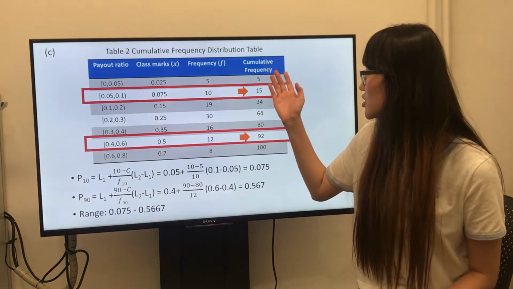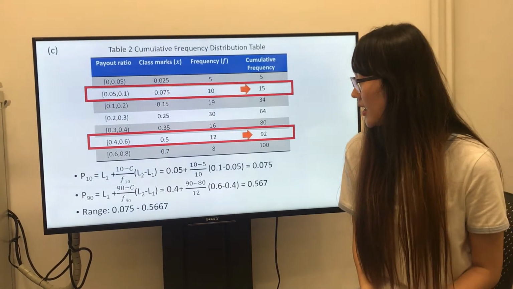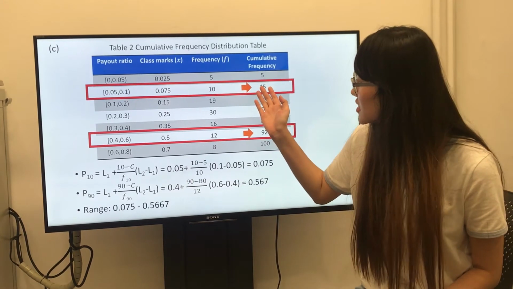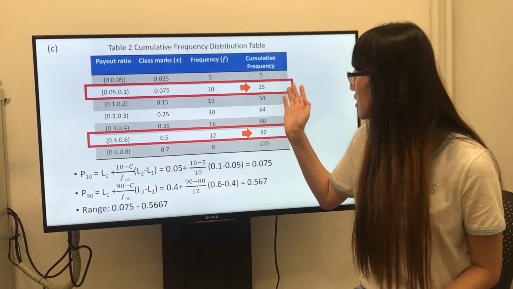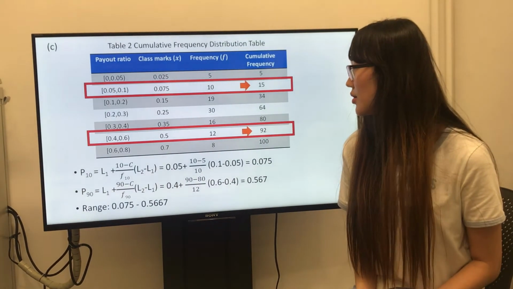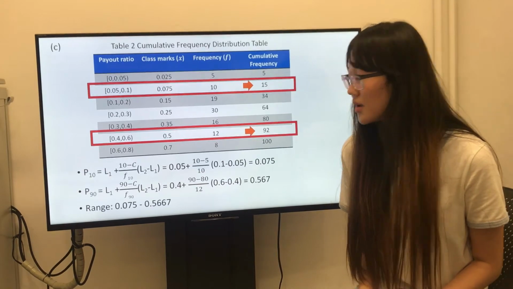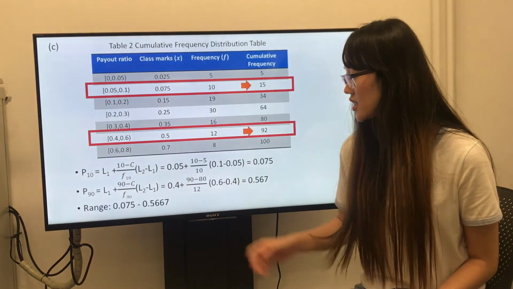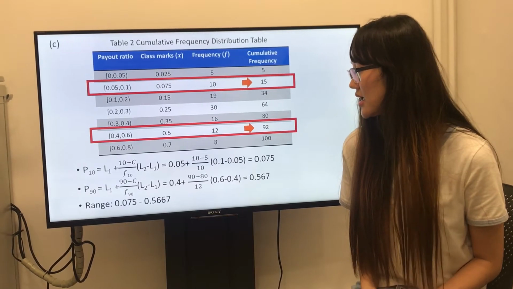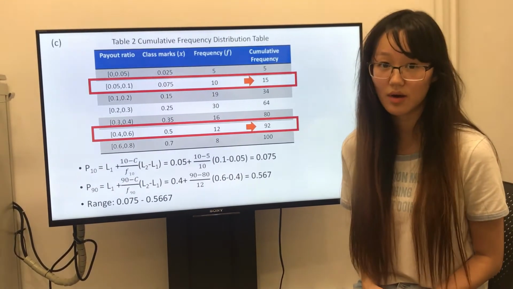And after constructing the cumulative frequency table, we can find P10. It falls into the second class, which is 0.05 to 0.1. Here we need to use the formula to calculate P10, which is L1 plus (10 minus C) divided by F10 times (L2 minus L1).